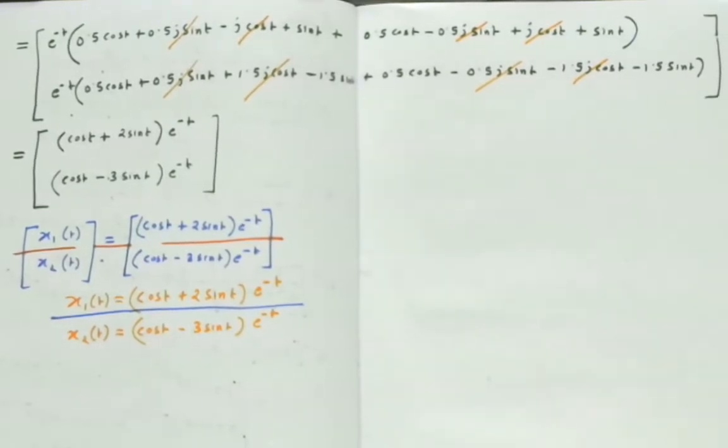So what about time? By observing the solution expressions, x1(t) is something, x2(t) is something, can you make your own decision about what will happen to x1(t) and x2(t) when time tends to infinity?